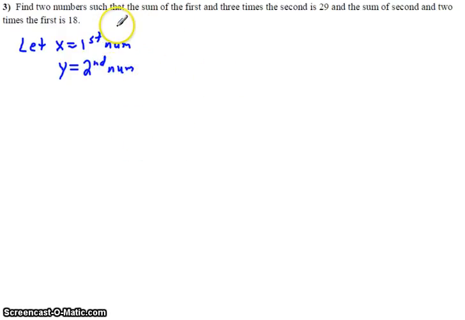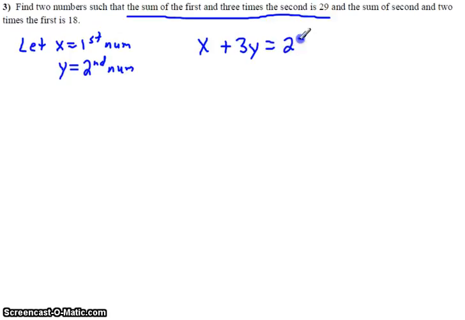All right, so the first one, the sum of the first and 3 times the second is 29. Sum tells me addition. The first is x. 3 times the second is 3y. Equals 29.